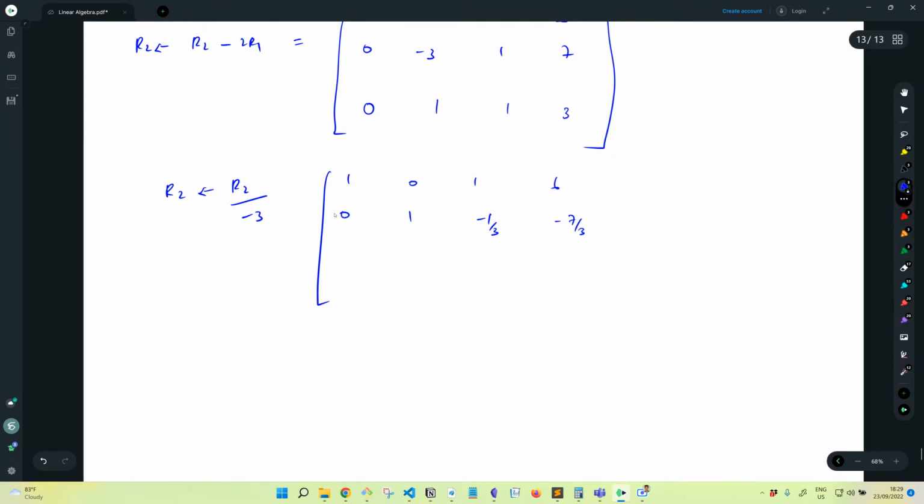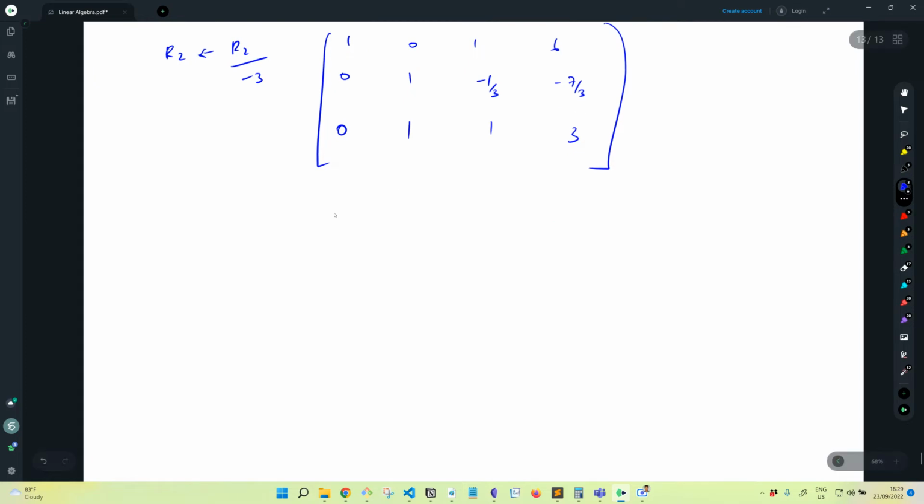Okay. Now for completeness, let me go ahead and solve this matrix, and I'll show you that we'll obtain the correct solution. I'm doing minus 7 by 3 here, and let me copy over the row 3 0 1 1 3. Then I need to make this entry 0. So R3 equals R3 minus R2.